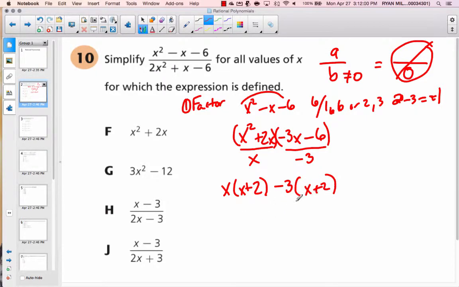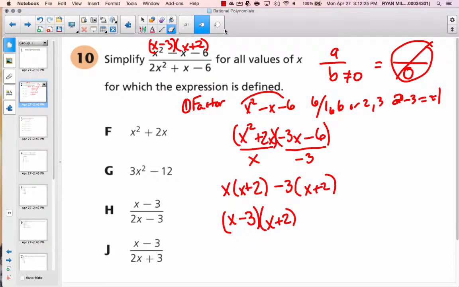Those two match, which I'm happy about. So now I have x minus 3, and then x plus 2. That's what the top factors to. So this is really x minus 3 times x plus 2. I'm going to erase this work so I can have some more space.